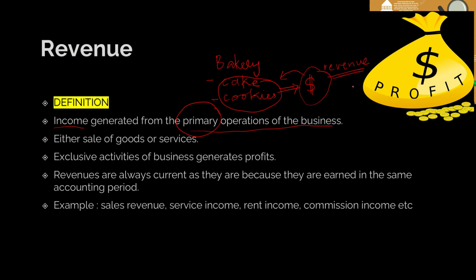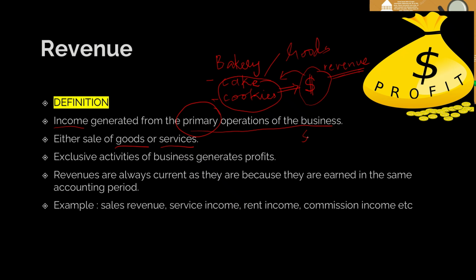Revenue is the profit earned from the business. Now, this revenue can be in the form of goods or services. For example, a bakery is selling cakes and cookies, which are goods.